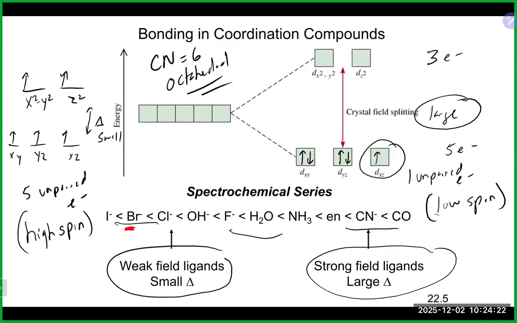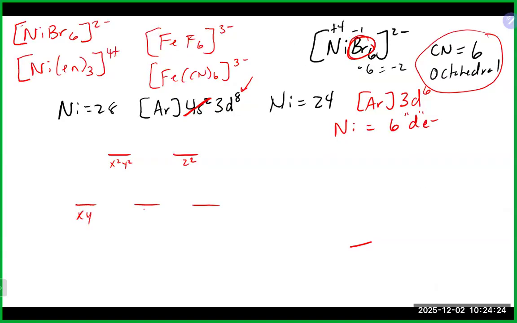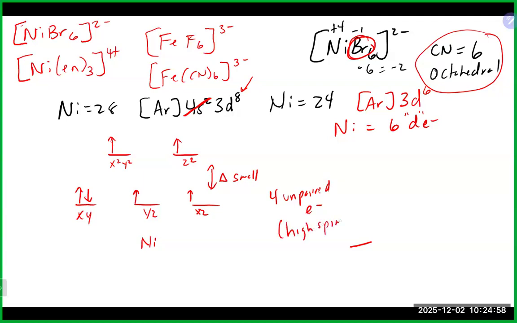And because of that, we're going to go 1, 2, 3, and this again for the nickel. At this point, because the splitting is small, they're not going to be such a problem. It's going to come up and fill up like normal and then come back and pair off. And in this case, we will end up with four unpaired electrons. And this would also be considered a high spin complex.